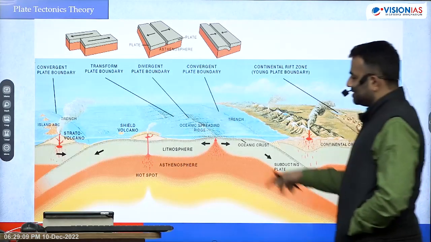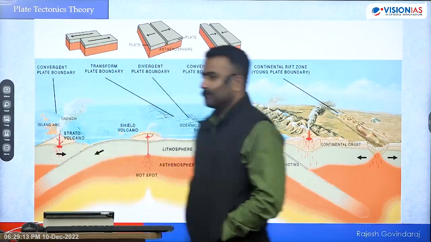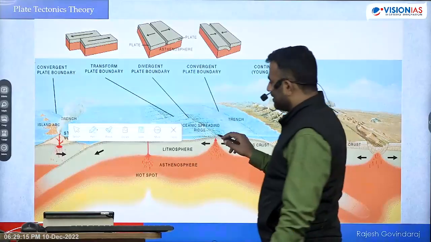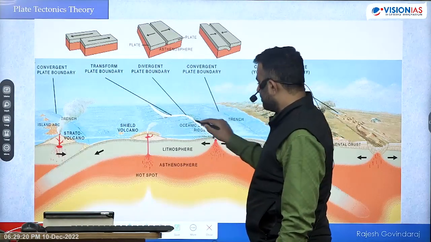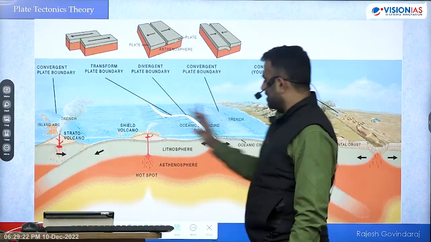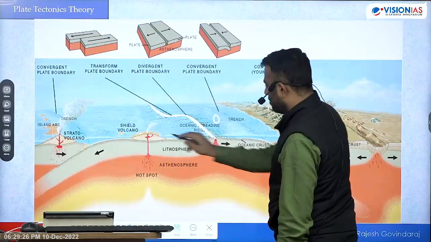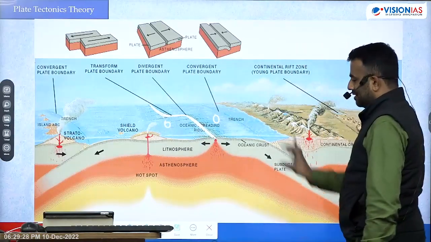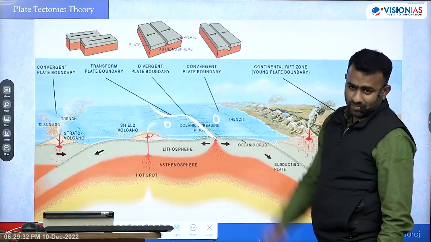Okay, can you see this is a plate boundary? This is one plate, this is another plate. At the plate margin, what we have? Ocean. This is oceanic plate margin, another plate is oceanic plate margin. I am just talking about the plate margin.